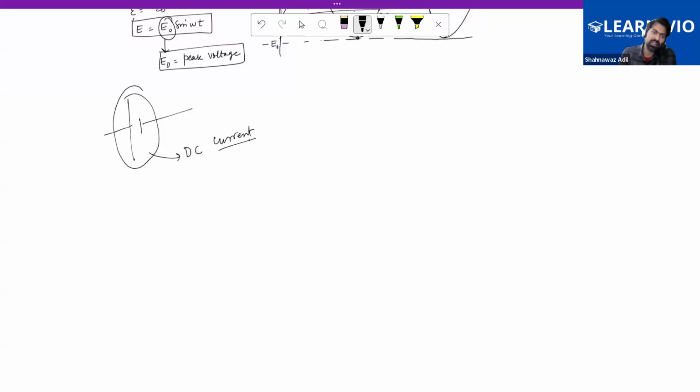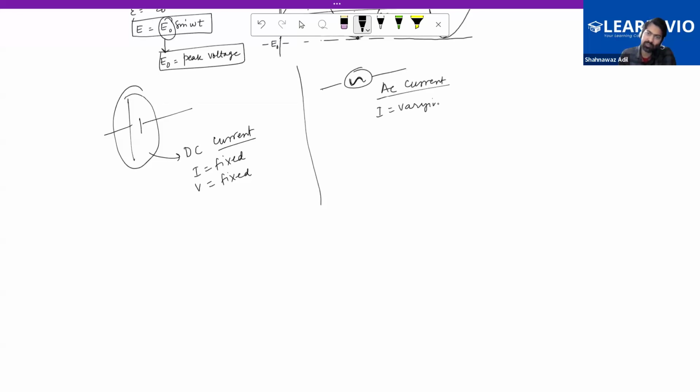In DC current, your I was fixed, your voltage was fixed. But in AC current, this is how it is represented. As the sine says, this is varying. So this is called AC current, and in AC current you will have I, which is varying, and your V is also varying.